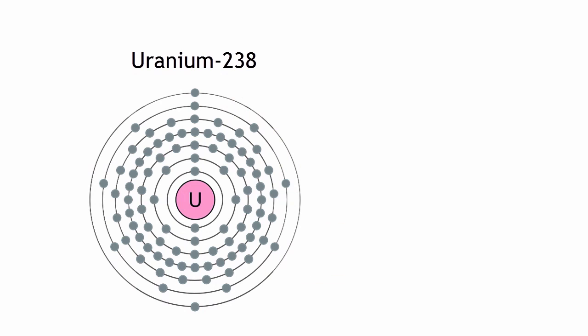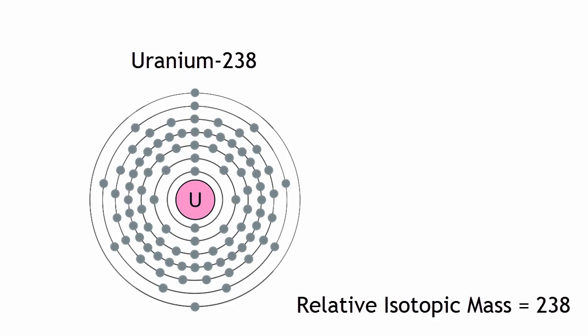So something like uranium-238, a certain isotope of uranium, has a relative isotopic mass of 238. Now 238 is a number that's relative to the 12 that was defined for carbon-12.